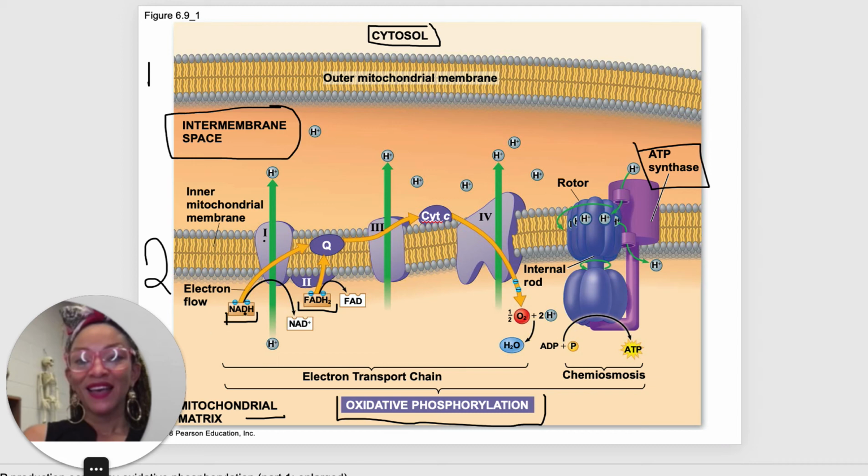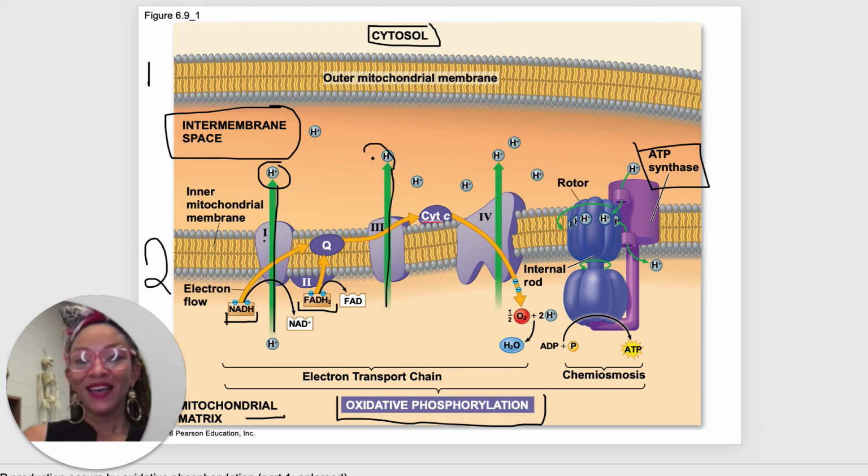So all in all, if we are using NADH mostly for our electron transport, we're going to get more electrons, more ATP produced at the end, because NADH can carry more electrons than FADH2. Okay, and you see with each of these proteins, they are pumping out protons into this intermembrane space, all the proteins except for this protein complex 2.